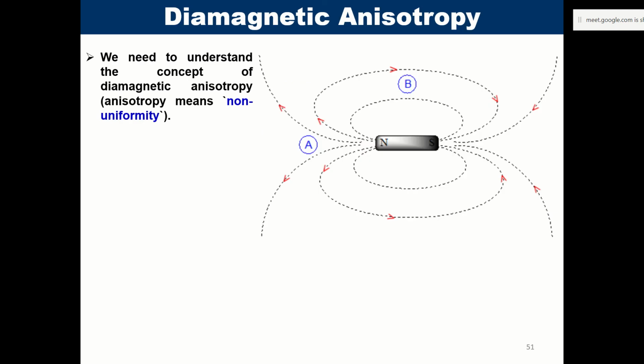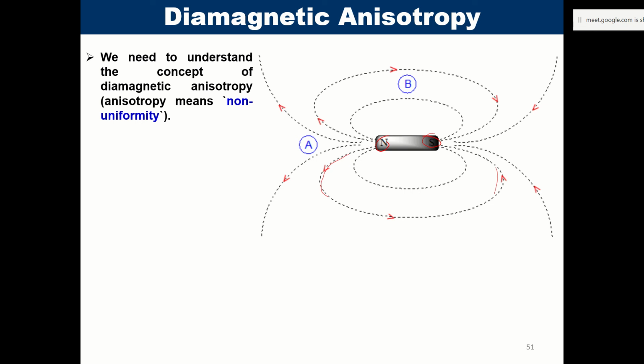It is important to realize this: think of a bar magnet. Any magnet creates a field that is non-homogeneous, non-uniform. For example, look at this. This is the north pole, this is the south pole of a magnet, and when you draw the lines, they go like this in circles.